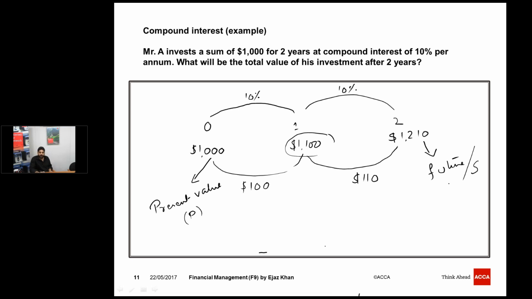So later, whenever we are calculating the future value or the present value, we must know what we are going to calculate. Whenever we add the interest into the amount, we are calculating the future value. And whenever we calculate the present value, we are excluding the amount of interest.